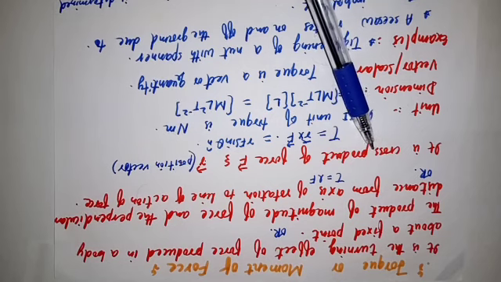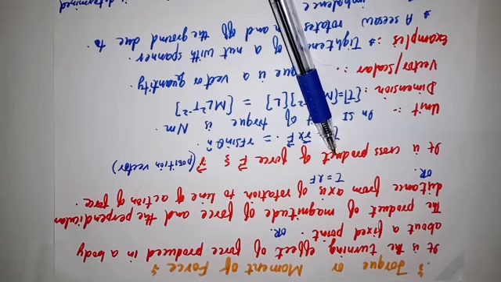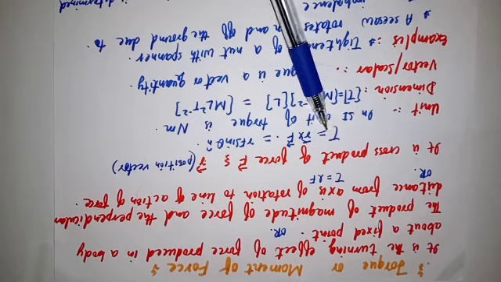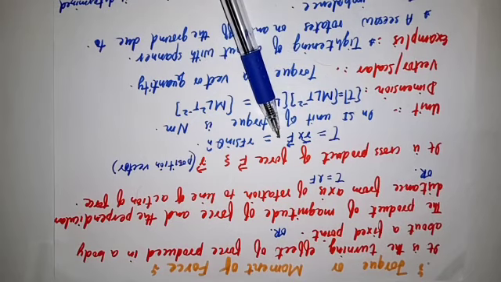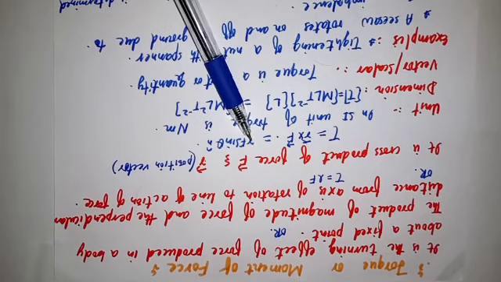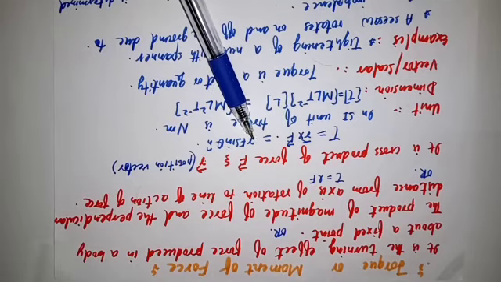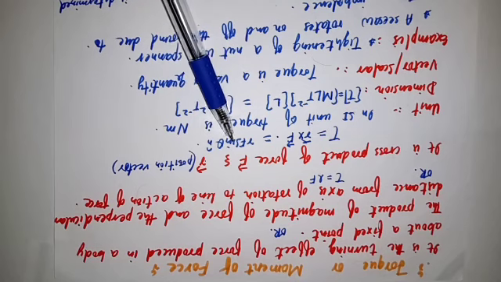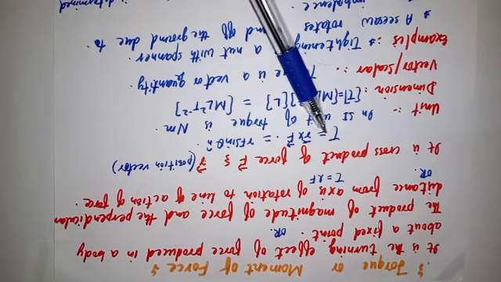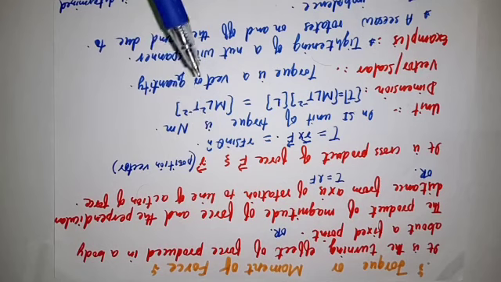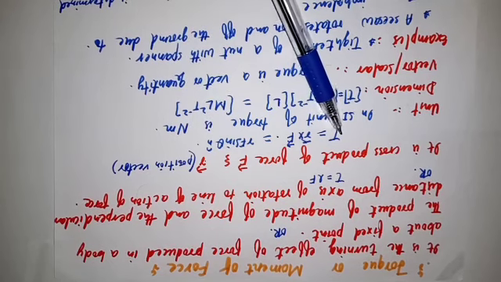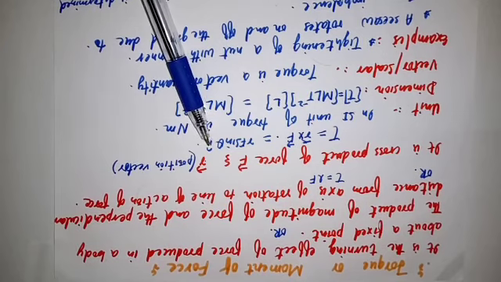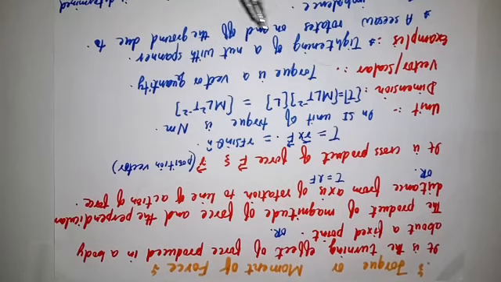So in mathematical form, it can be written as tau is equal to r cross F, and when we expand it, it is r F sine theta into n unit vector, where r F sine theta is the magnitude of torque and n is the unit vector which shows the direction of torque. We will discuss a little later the direction of the torque.